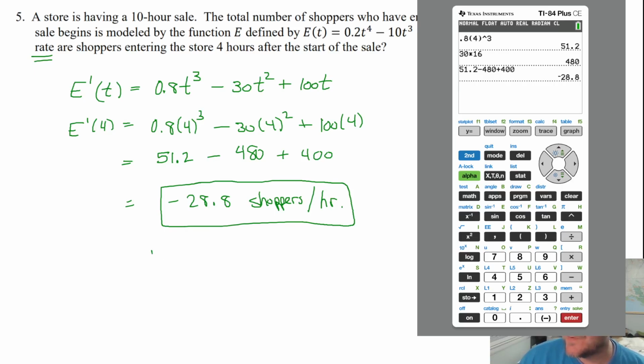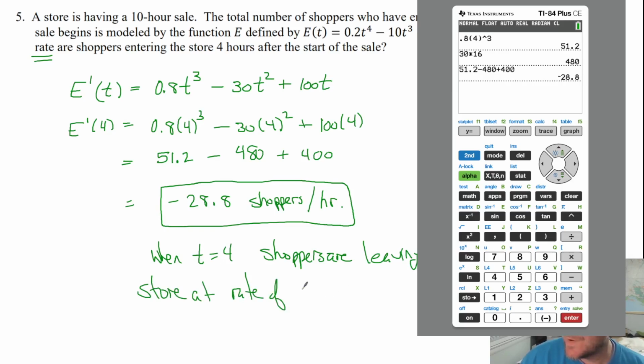So when t equals 4, shoppers are leaving the store at a rate of 28.8 shoppers per hour.